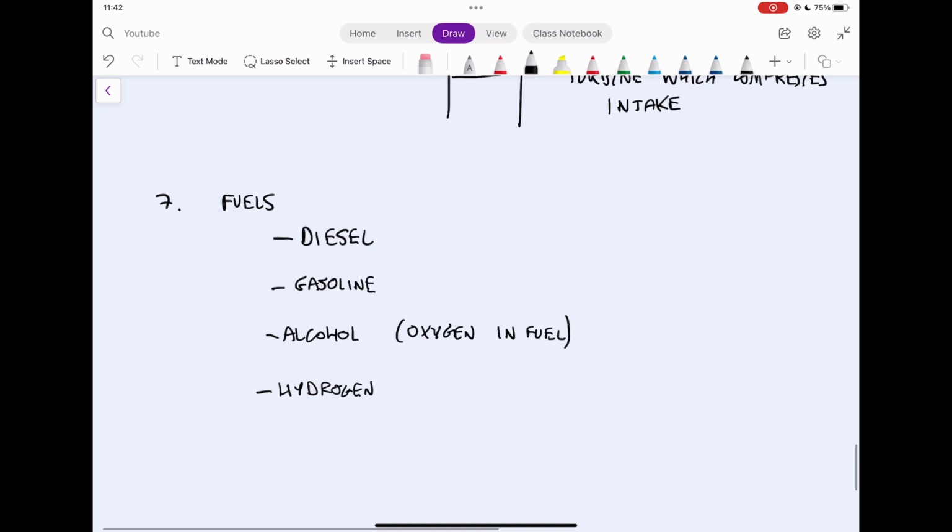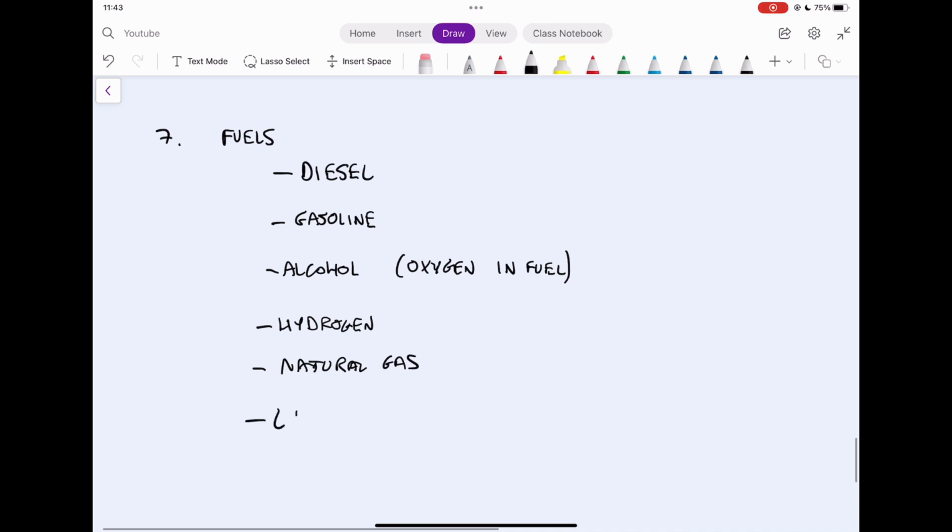However, hydrogen is very unstable and very hard to combust correctly, so it hasn't been done in an internal combustion engine as of yet for full commercialization. The other two are natural gas and LPG, which is liquid propane gas. Those are also some alternatives, especially for different types of engines, not necessarily on vehicles.